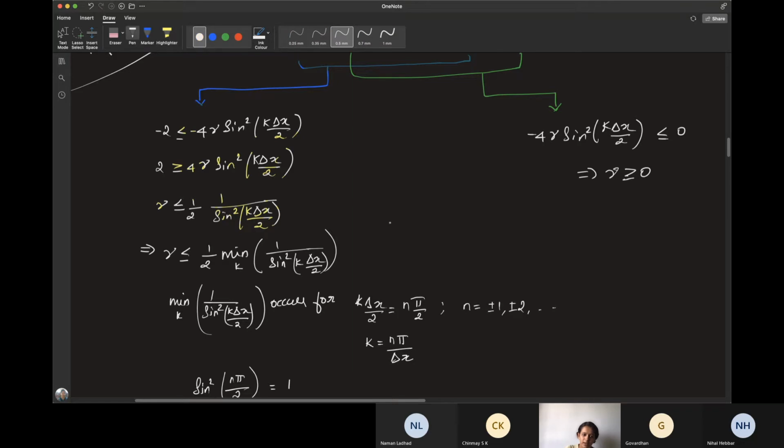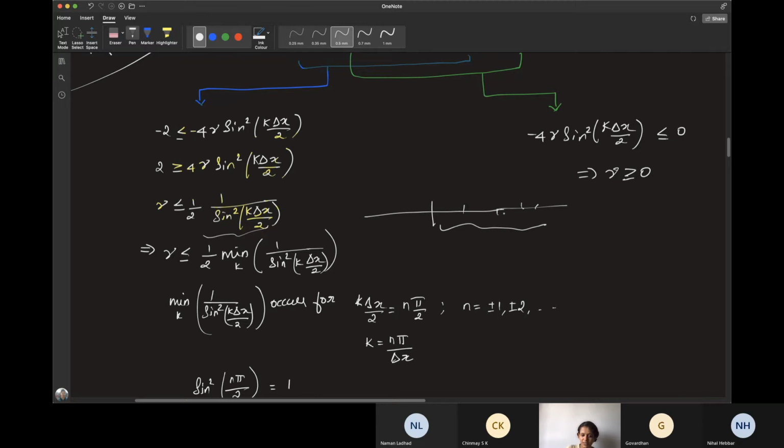Now for nu to be less than or equal to this quantity, let's say this quantity can lie anywhere in this region. This is a number line. So this quantity, that is 1 by 2 into 1 over sine squared term, let's just ignore 1 by 2 and consider this 1 over sine squared term.